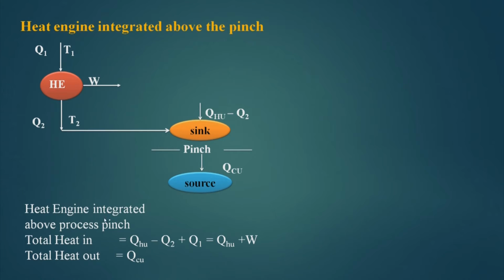So, with the heat engine integrated above the pinch, my total heat in is QHU minus Q2 plus Q1, which is nothing but QHU plus W, because Q1 minus Q2 is W, and total heat out is QCU.